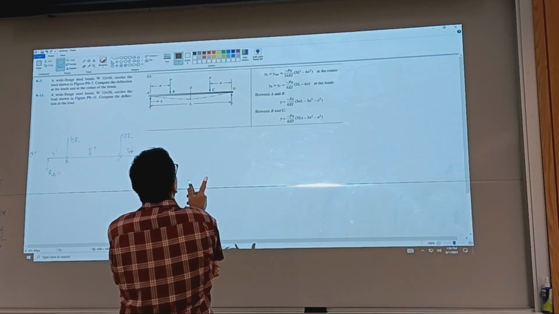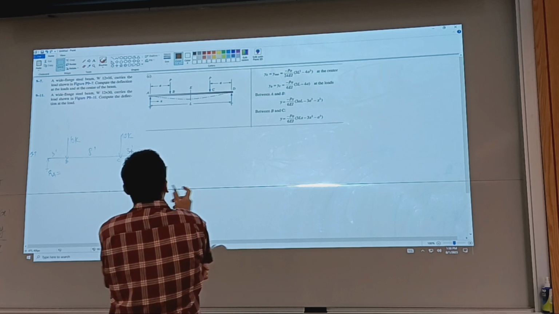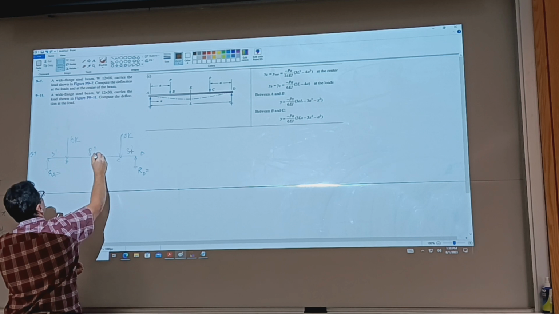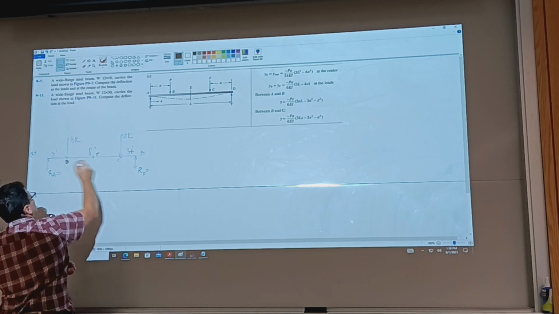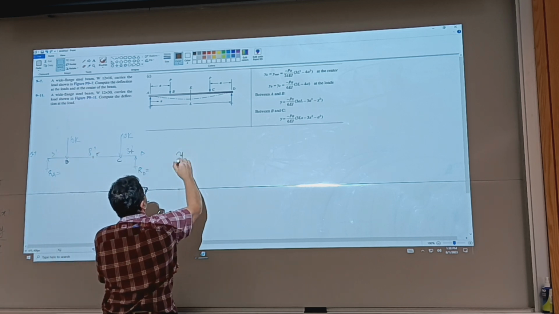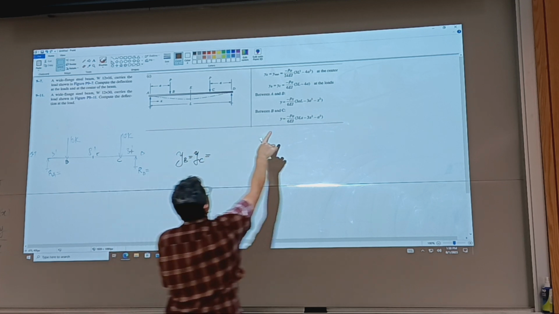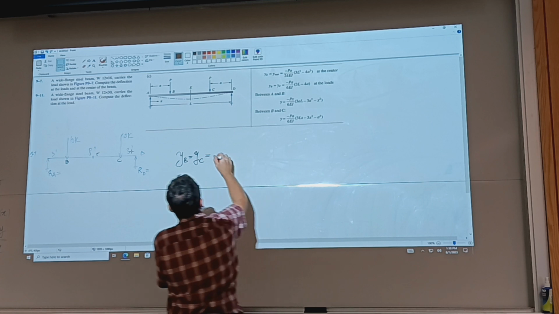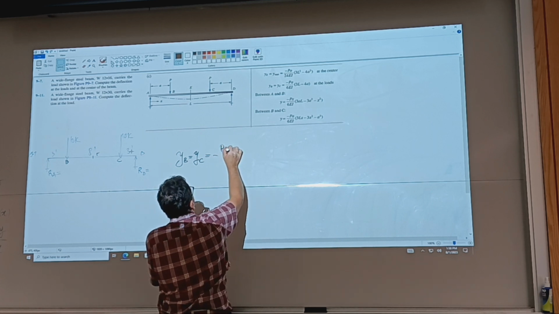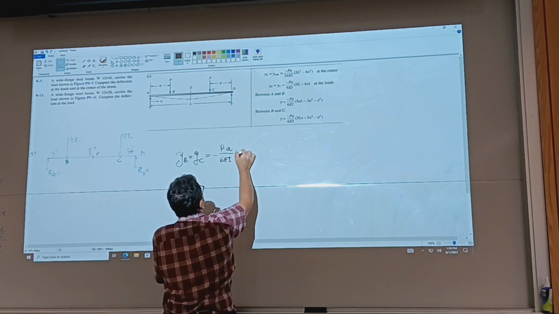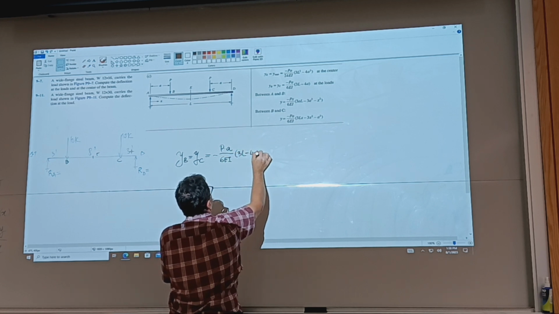So we have a deflection at the loads. They call this point E. All right, so deflection of the loads, Y at B equals Y at C, and we make use of negative P times A over 6EI, times 3L minus 4A.